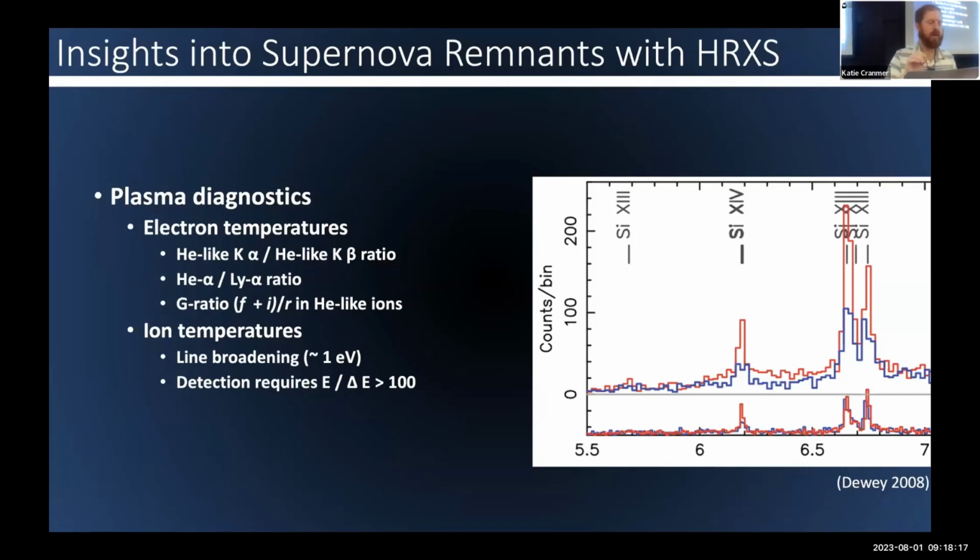And so a typical Doppler broadening corresponds to around 1 electron volt, which requires a detector with a factor of 100 resolving power. So really measuring these ion temperatures is only possible with these high resolution detectors.